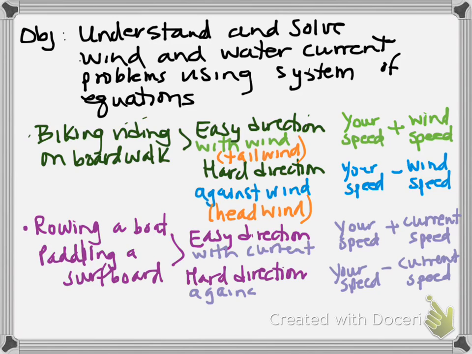So you're going to hear the same sort of words as you would with wind. Now, there are other words that we use to describe with and against the current. So I'll give you one of them and you'll probably be able to figure out the other one. If you're going with the current, it's often described as going downstream.